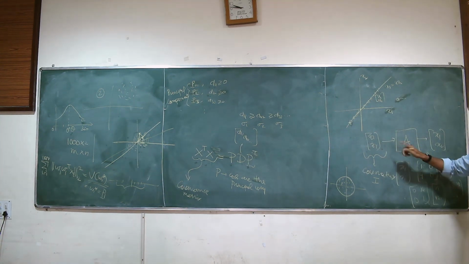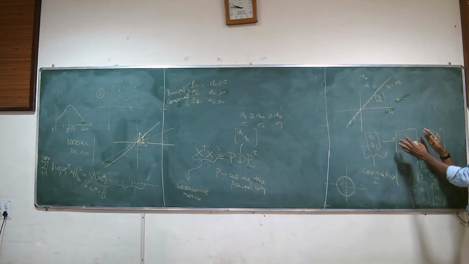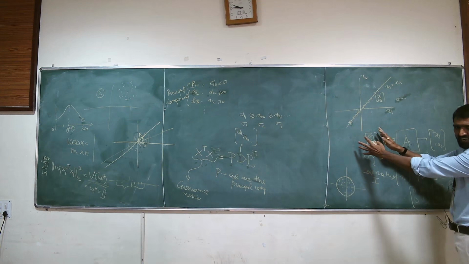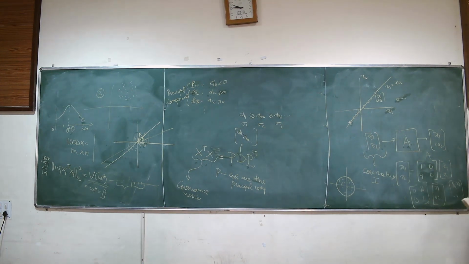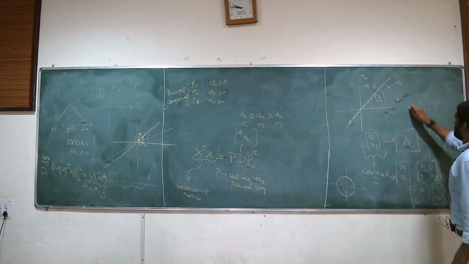So now all we've done is say the structure in your data comes from this special matrix A, and it's generated by this random process. That's what I've written there. Let's say you're making a bunch of measurements from patients.